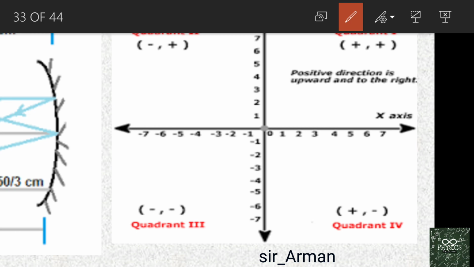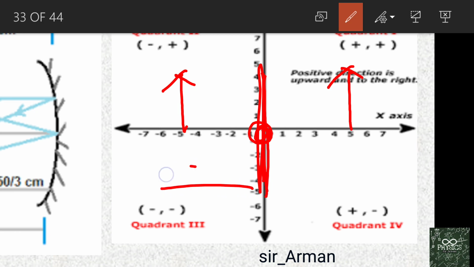So for example, assume that there is a plane mirror, right? When you are standing at some distance away from the plane mirror, your image will be at the same distance but towards the opposite side, but your height remains the same. So here you can see that if I consider this point on the plane mirror as the origin, then you are standing towards the left and your image is towards the right.